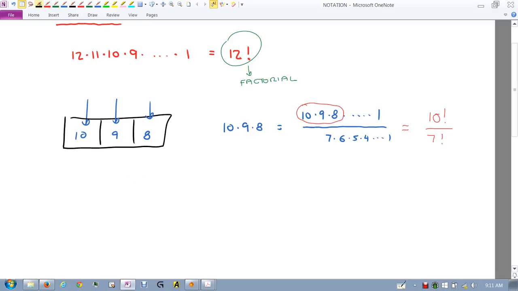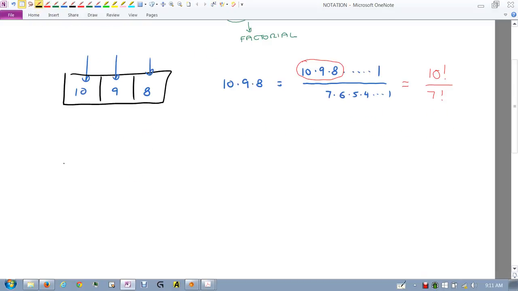So in general, with the factorial, if you write n factorial, we're going to assume here that n is an integer and that it's non-negative. So that means if we're going to define factorial, we need to make sure we all agree that n can only be 0, 1, 2, 3, 4, 5, 6, 7, 8 forever.